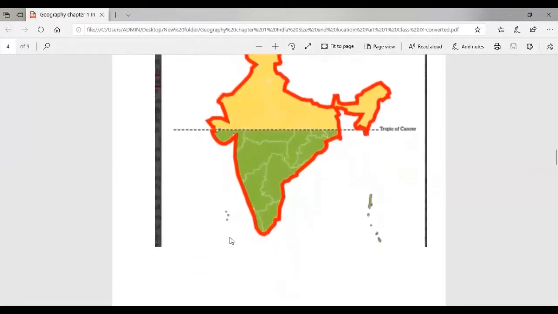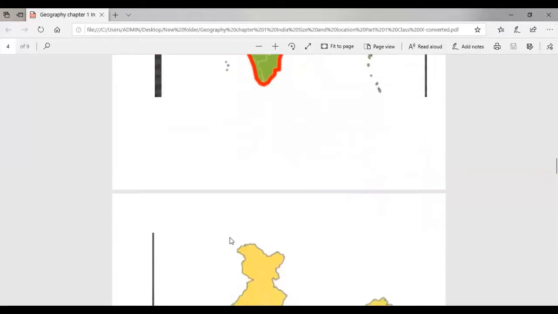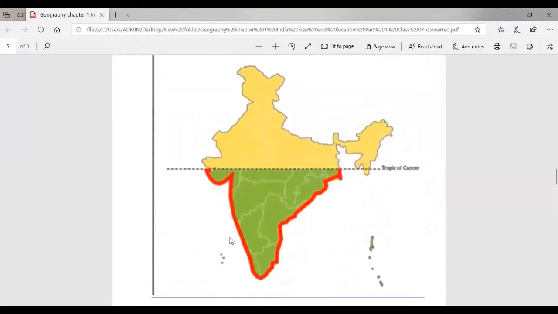And in the next map we can see the length of the coastline, highlighted in red ink. This much is the coastline. The length of the coastline is 7,516 kilometers, including the Andaman and Nicobar Islands as well as the Lakshadweep Islands.